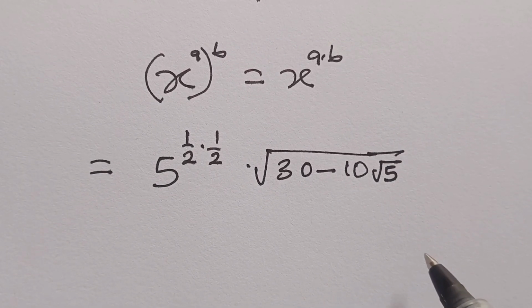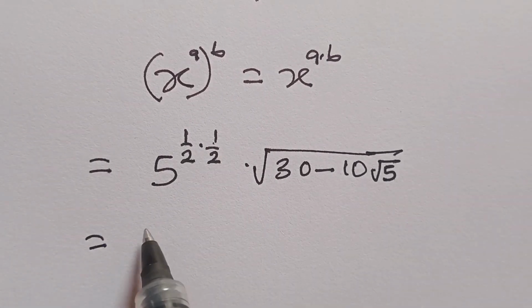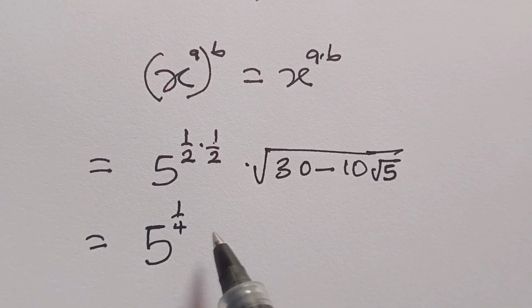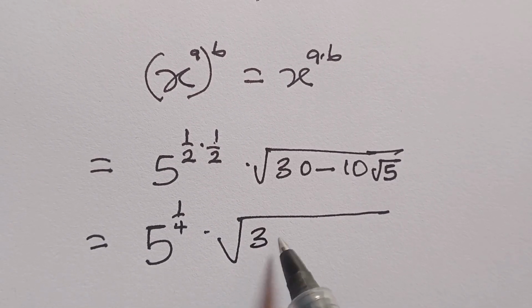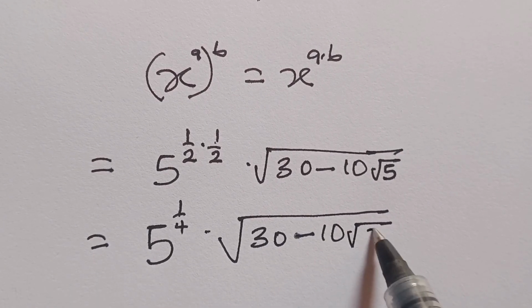So we now have 1 over 2 times 1 over 2, that will give us 5 raised to power 1 over 4, multiplied by square root of 30 minus 10 square root of 5.